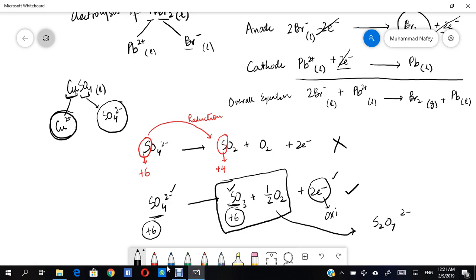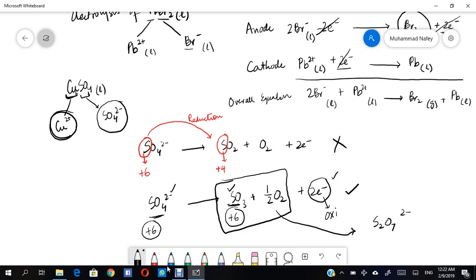Because in the sulfate ion, sulfur has an oxidation number of +6, whereas in sulfur dioxide, sulfur has an oxidation state of +4. That means sulfur is being reduced, and at the anode, reduction cannot take place. Therefore, a more plausible reaction is that the sulfate ion produces sulfur trioxide and oxygen and gives out two electrons.